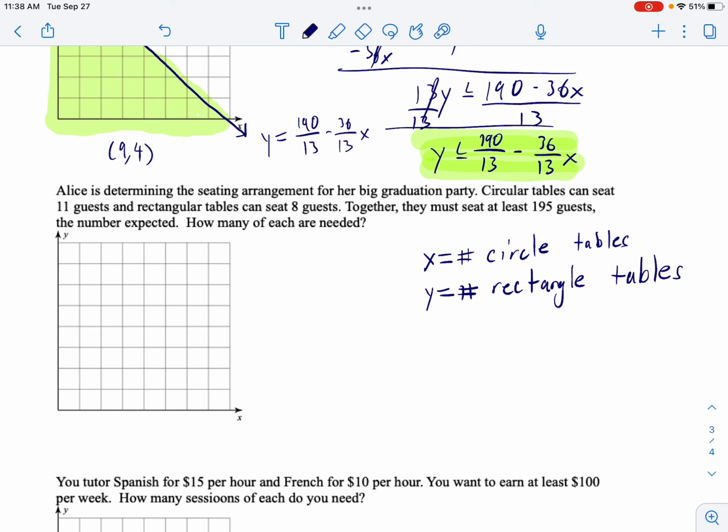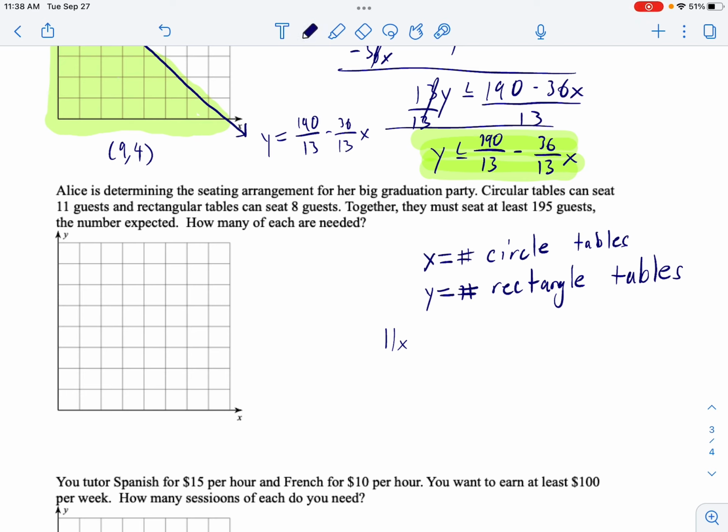All right. So we've got to seat at least 195 guests. The number of guests we're going to seat with our circle tables is going to be 11, because we can have 11 guests at a circle table, times our number of circle tables. So this is the total number of guests at circle tables.